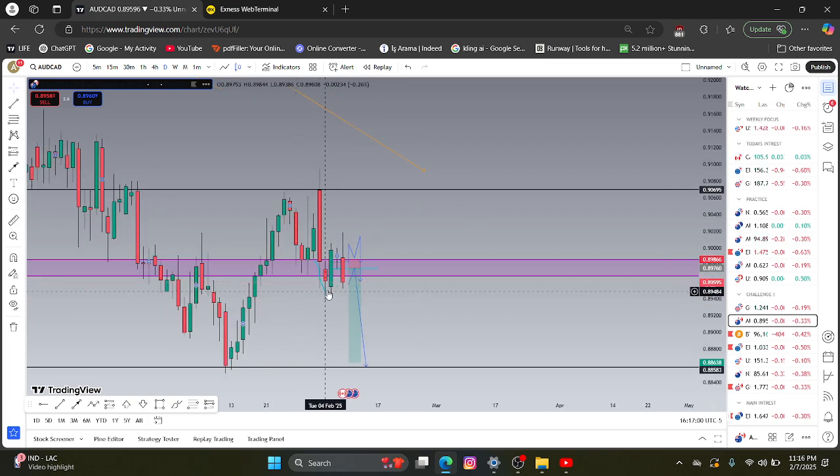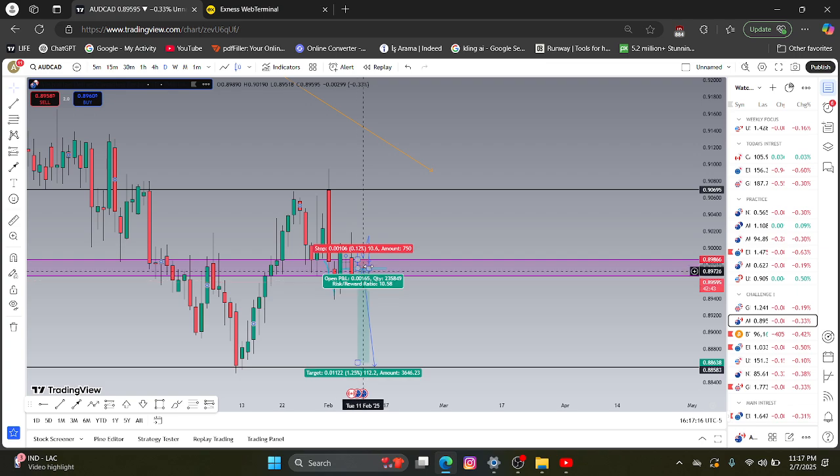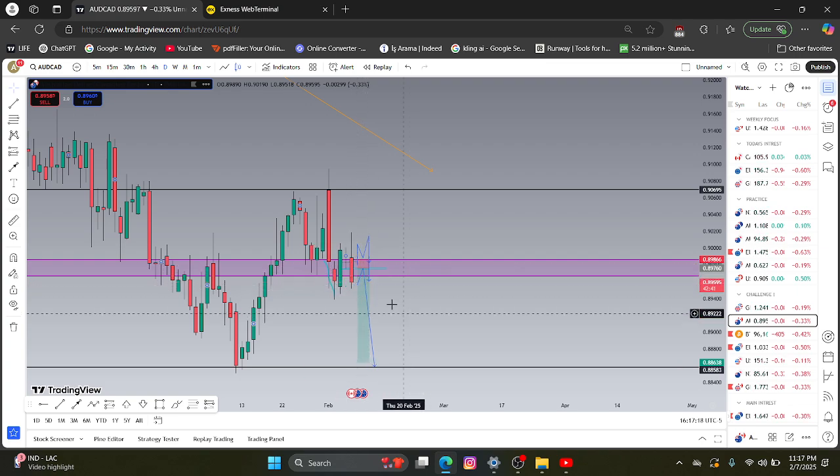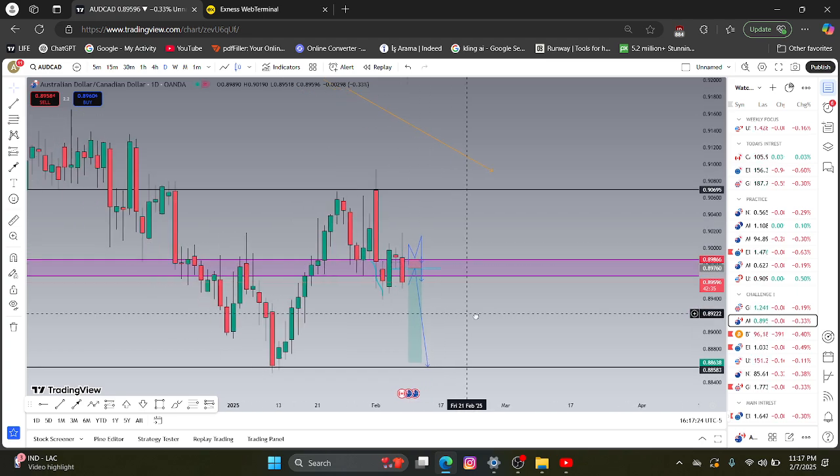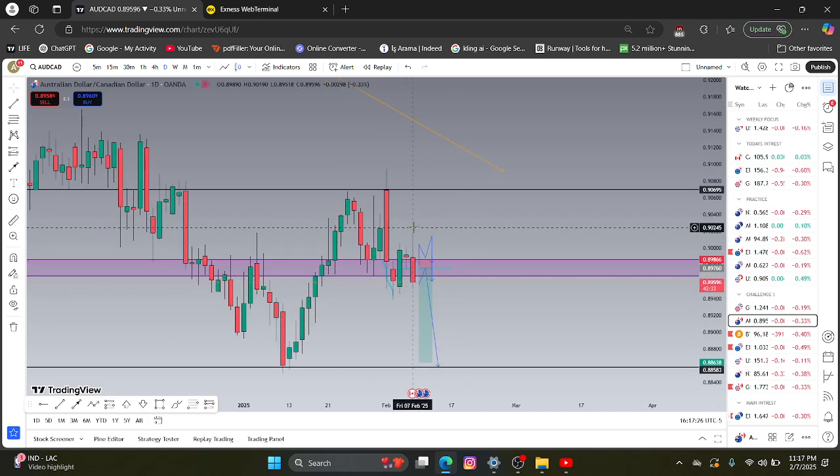Then it broke below, but with a rejection, with a wick, meaning this was not the perfect time to enter the sell. The market went up again, but now it's trying to close with a full candle body. This will give us the opportunity to sell, meaning the buyers can't push the market up anymore.